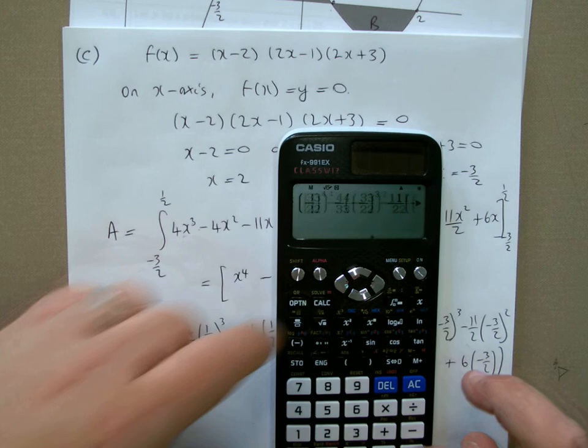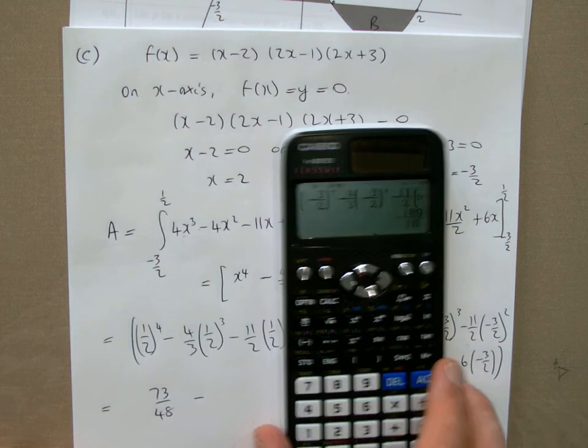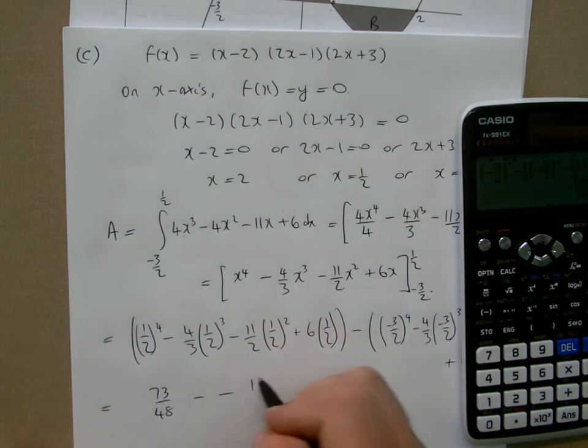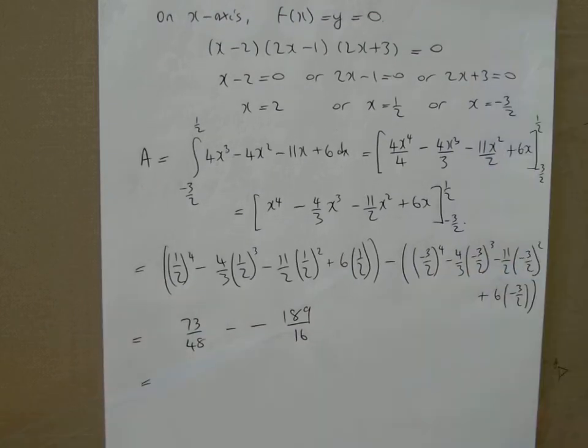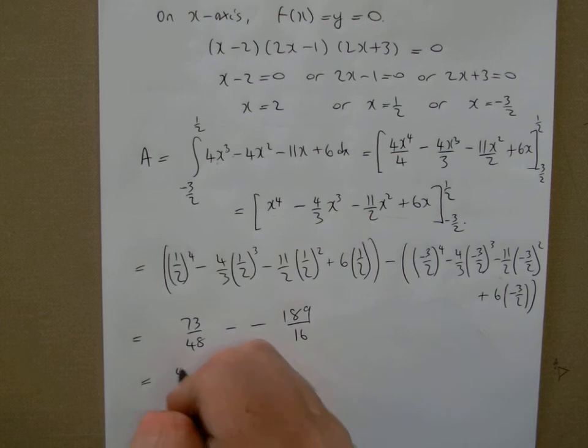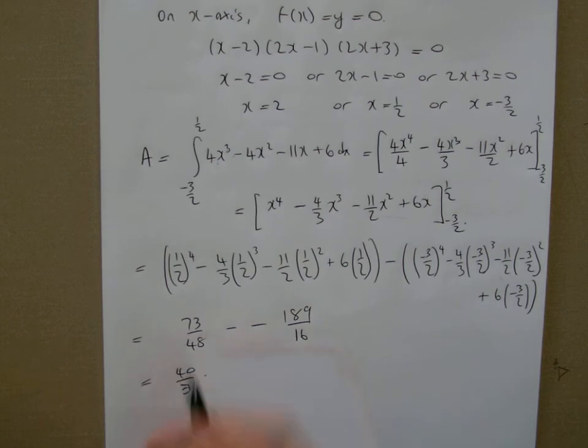Okay, so put that in there, and it comes then to be minus 189 over 16. So I'll work this out, and of course those two minuses then become a plus, so I get 40 over 3, so it comes out quite nice-ish in the end.